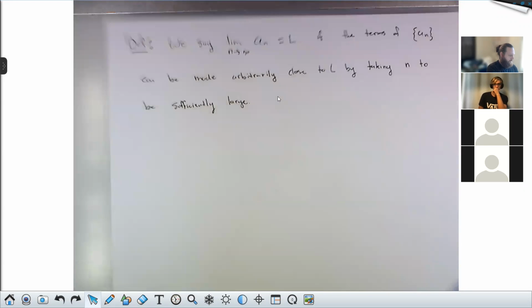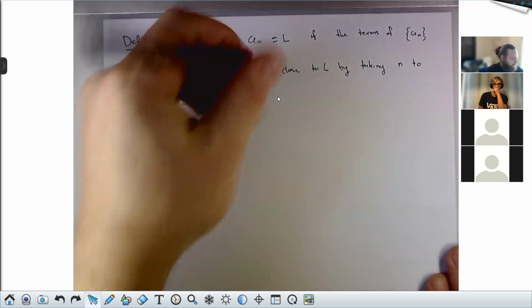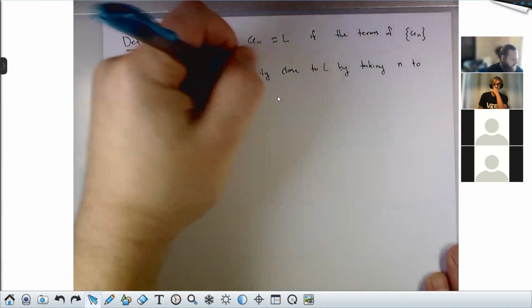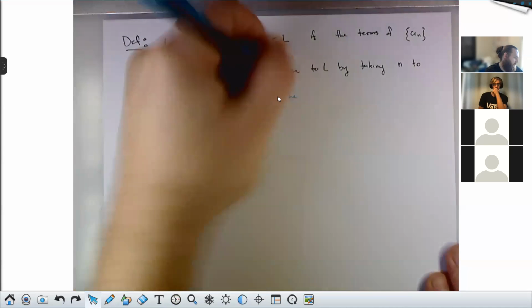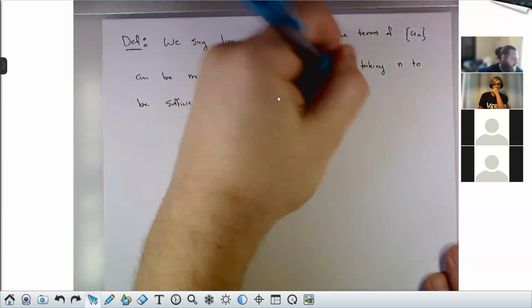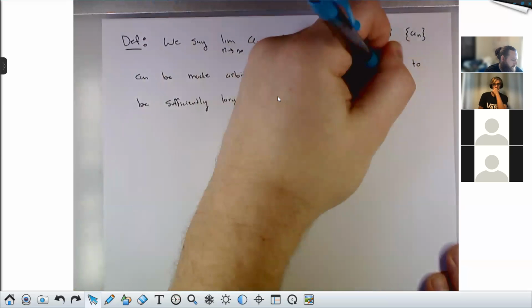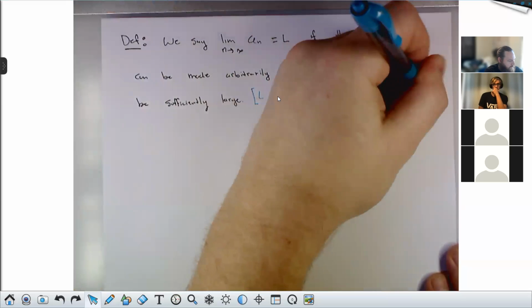But because this is an honors class, we're going to look at the formal definition here also. So this is our informal definition, and I'll just put the addendum here. L is the horizontal asymptote to the graph of y equals a_n.